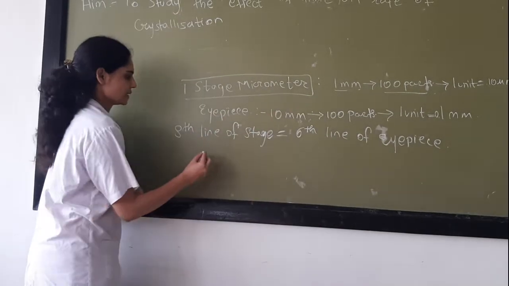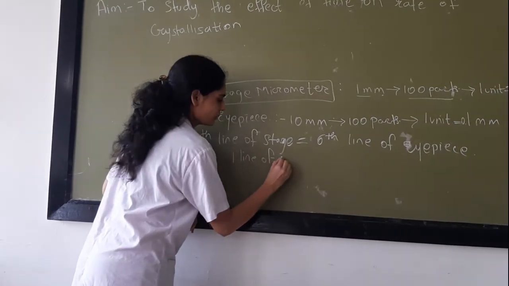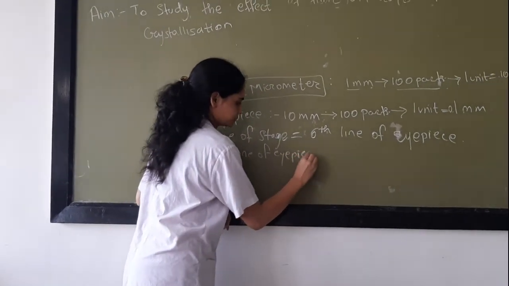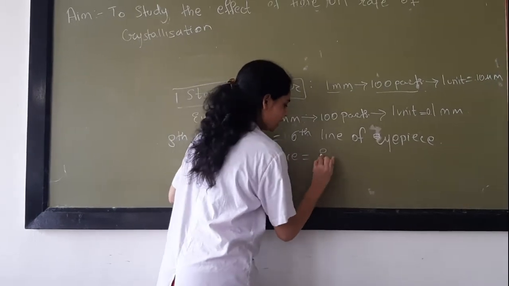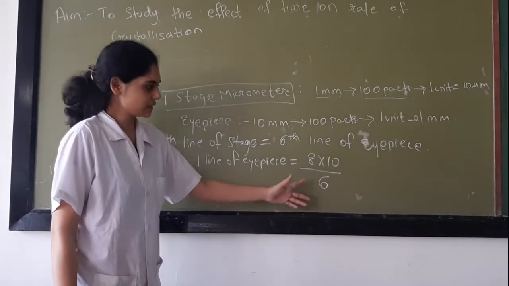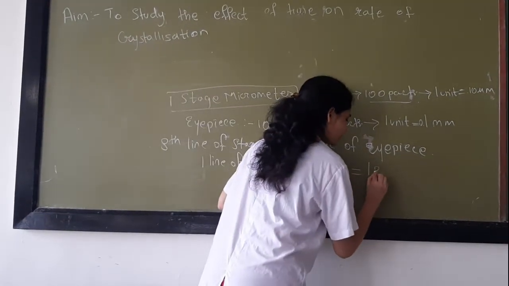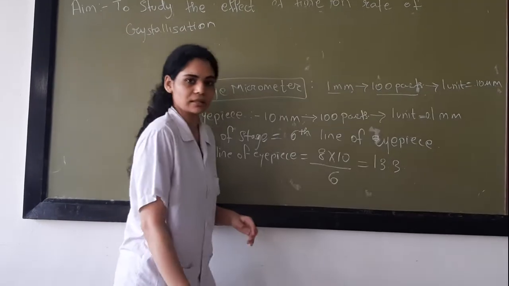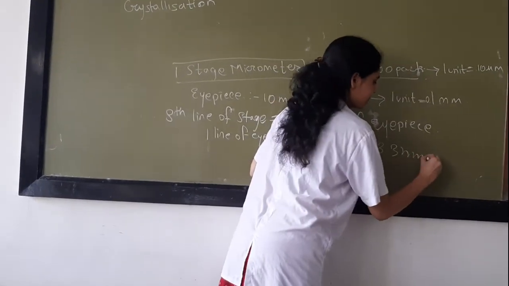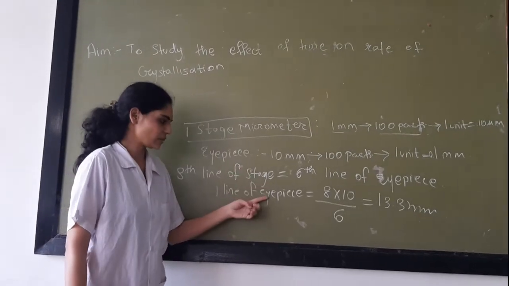The formula is: one line of the eyepiece is equal to 8 into 10 divided by 6. This answer comes to 13.3 mm.